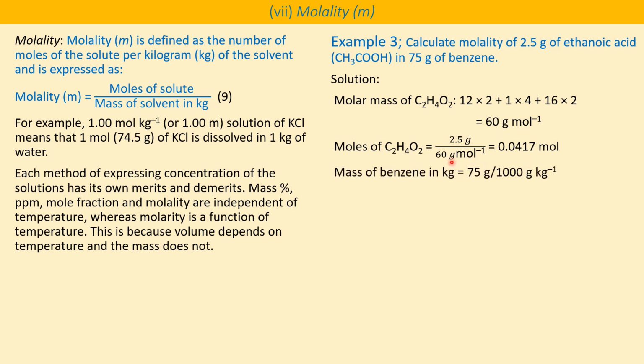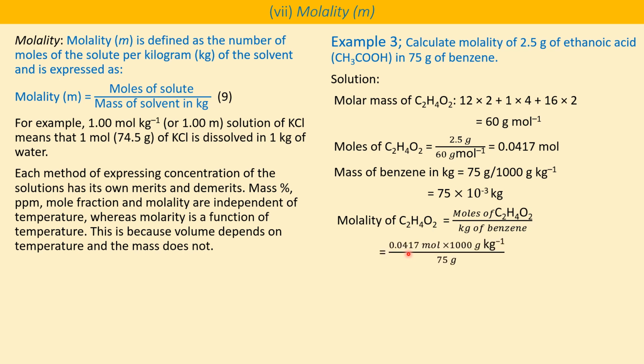Mass of benzene in kg is 75 grams divided by 1000 grams per kg, so that is equal to 75 into 10 to the power of minus 3 kg. Therefore, molality of C2H4O2 equals moles of C2H4O2 divided by kg of benzene.